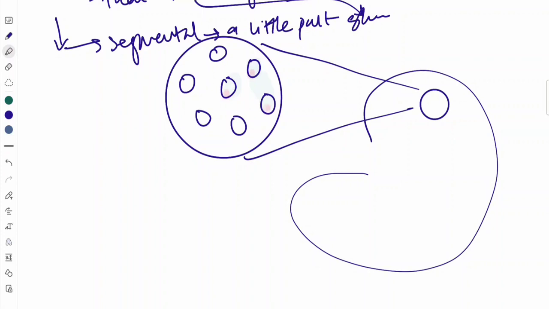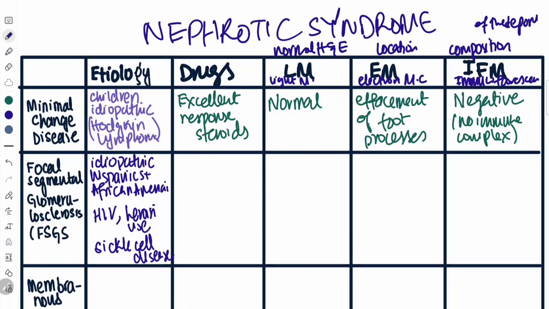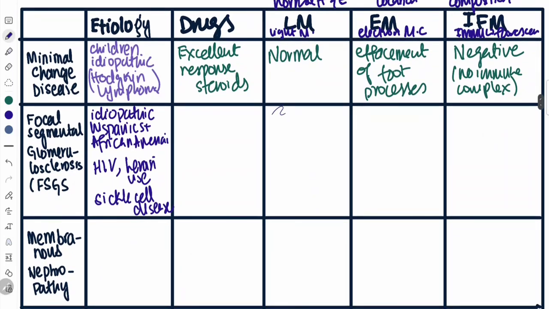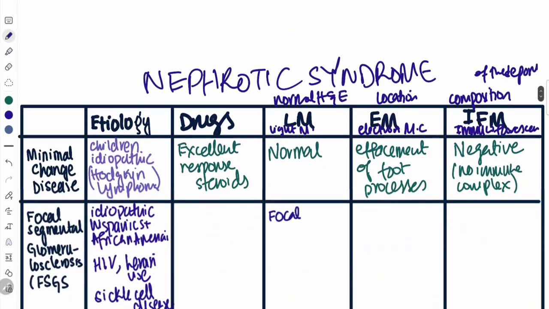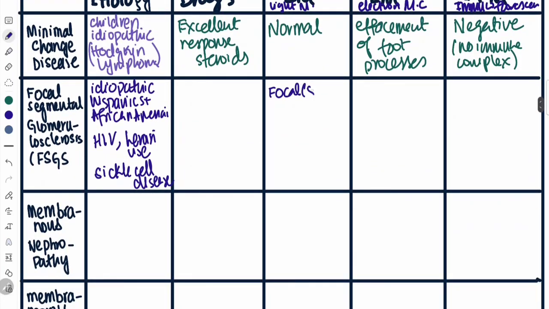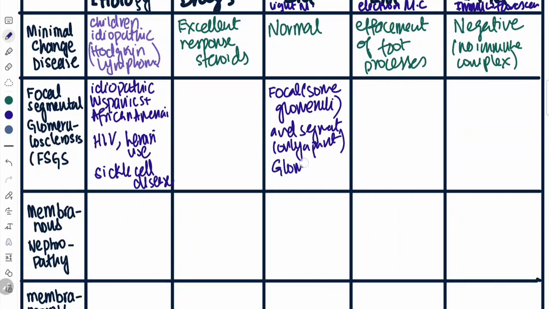Okay, so what's next? The next is the LM finding. What are the light microscopic findings? This I told you. Focal means some glomeruli are affected, and segmental means only a part is undergoing glomerulosclerosis.